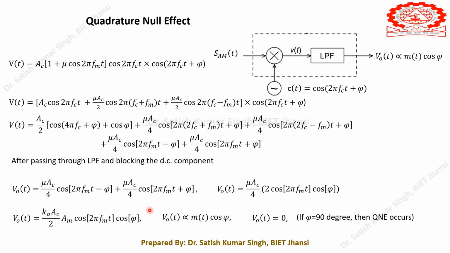So what does it mean? Whenever phi equals 90 degrees, there is a 90-degree phase shift between the carrier used at the modulation and at the demodulation, and at that time cos 90 becomes 0 and the output of this demodulator becomes 0. So whenever there is a 90-degree phase shift between the carrier at the demodulator and at the modulator end, there will be a loss of message.